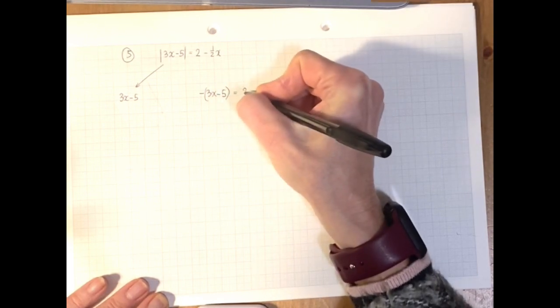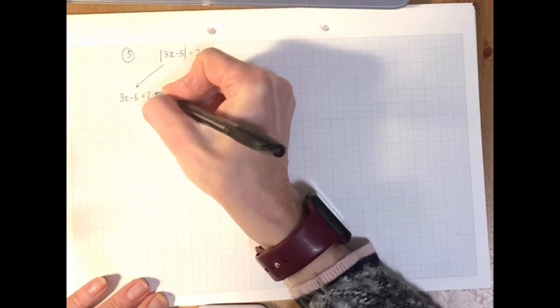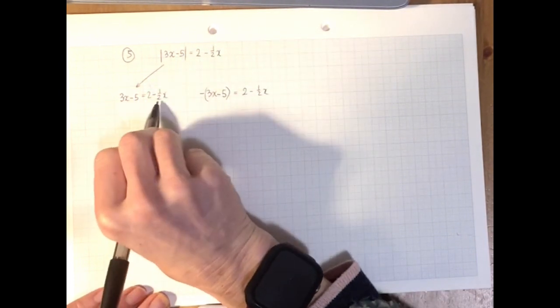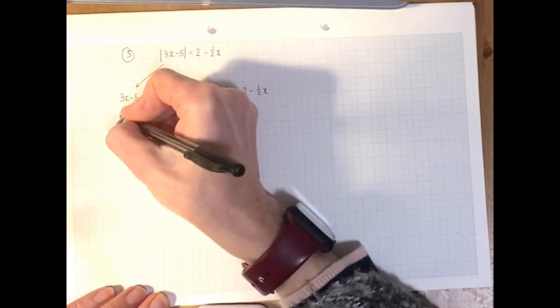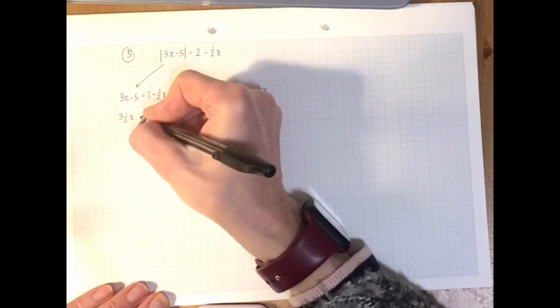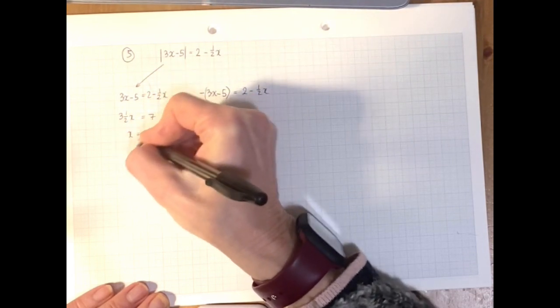And then you're going to make it equal to 2 minus a half of x in both cases. So rearranging it, the half of x becomes 3.5x, and then you've got 7 on this side, so x is equal to 2.